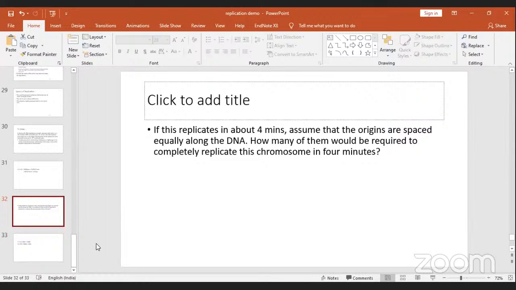So here in that imagination, you need to find how many spots, that is how many replication origins, will be there. For that, you can first multiply this 4 minutes by that 2600, that is the speed of replication.